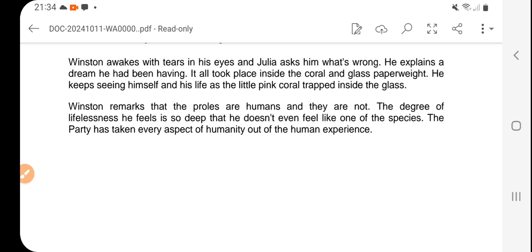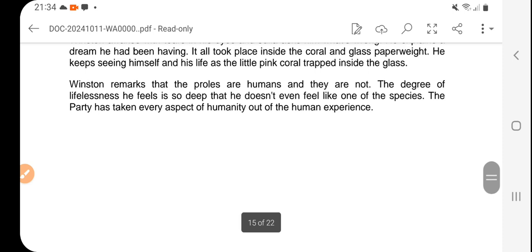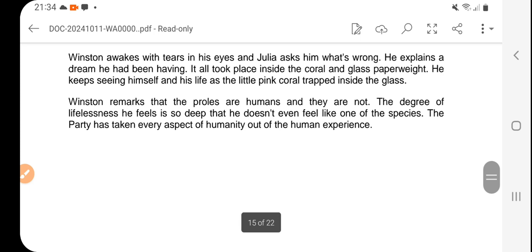He keeps seeing himself and his life as the little pink coral trapped inside the glass paperweight. The paperweight is symbolic: he says my life is just inside the glass, outside the glass nothing.